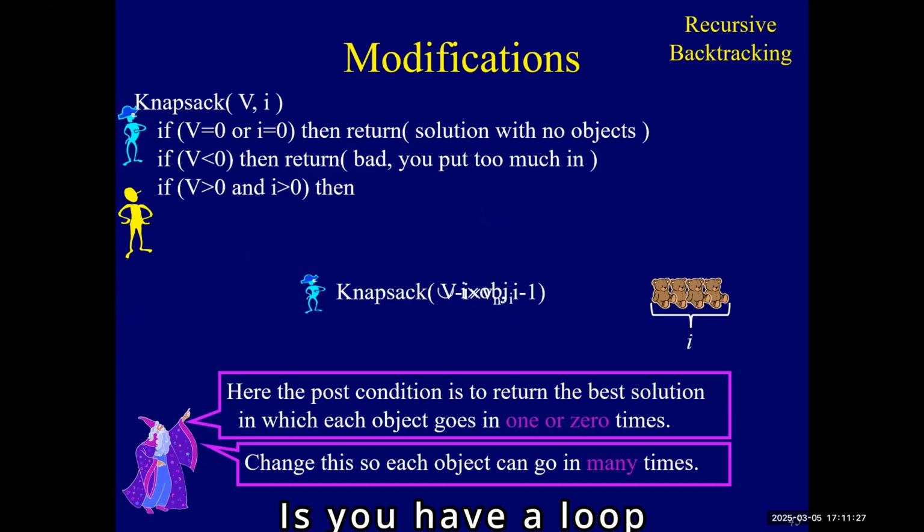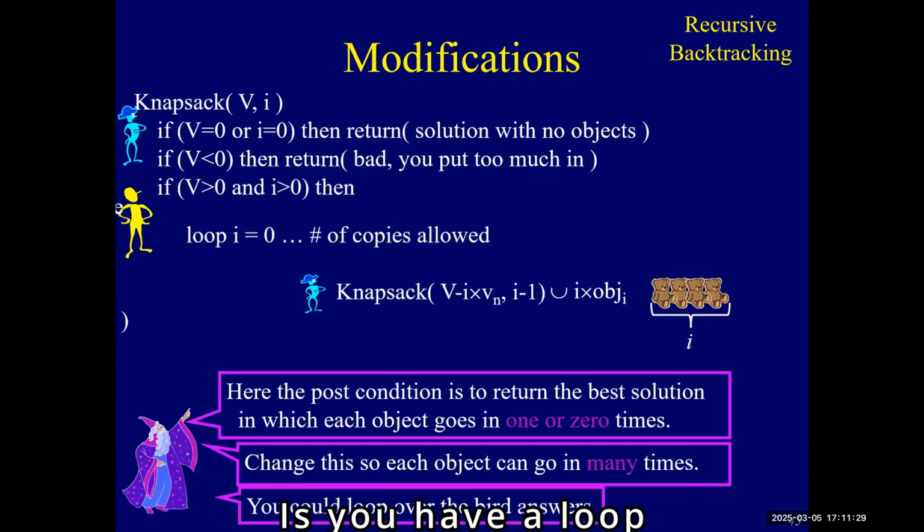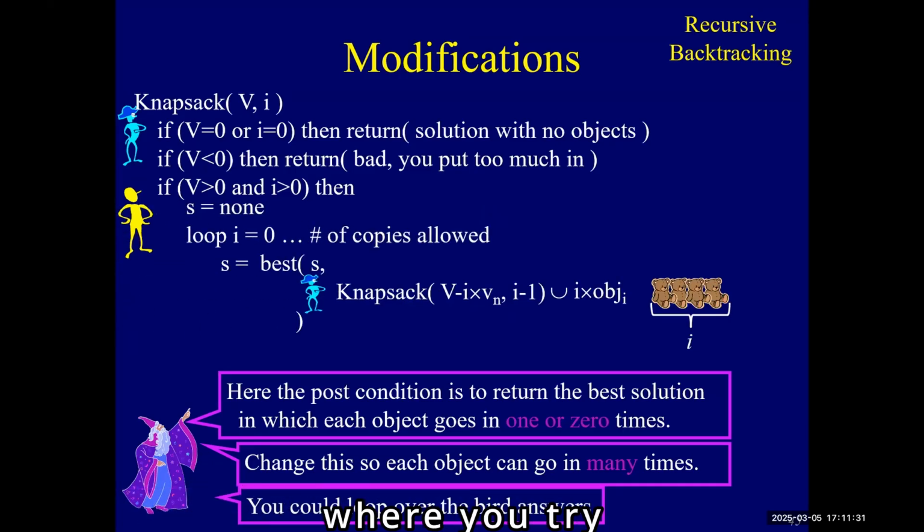You have a loop where you try all these options, right? Here you loop over all the possible answers, all the possible number of bears you put in. And if you're putting in i bears, then the knapsack gets smaller by i bears. And you add the i bears back in. Right? Everybody get that?